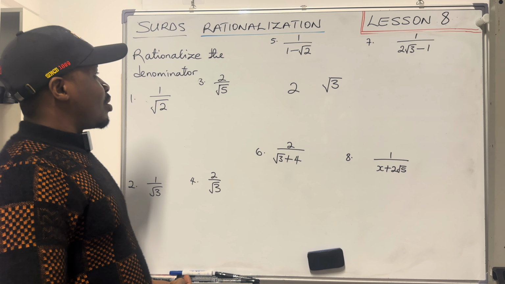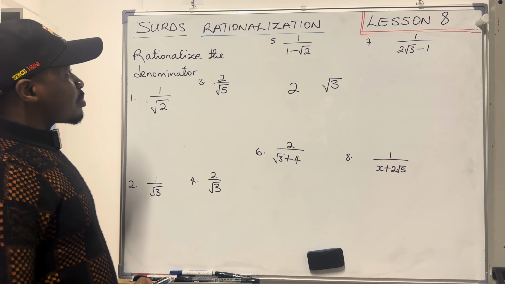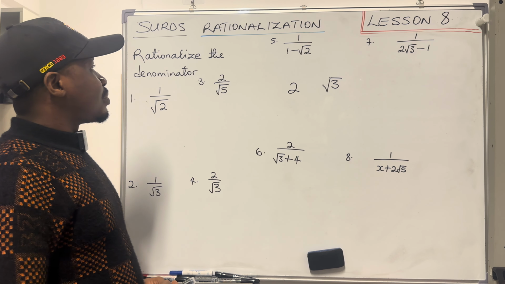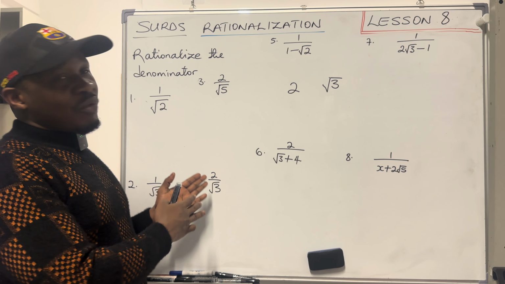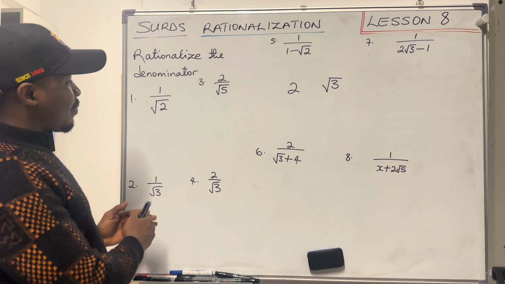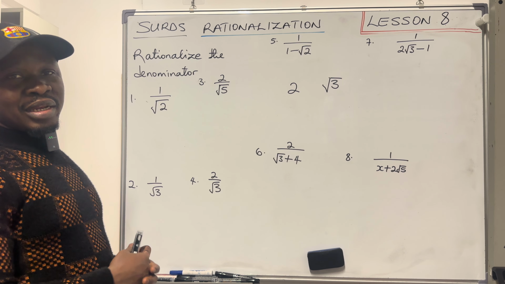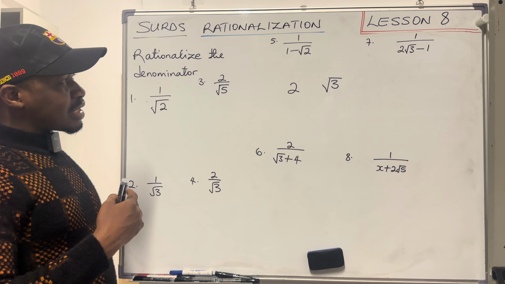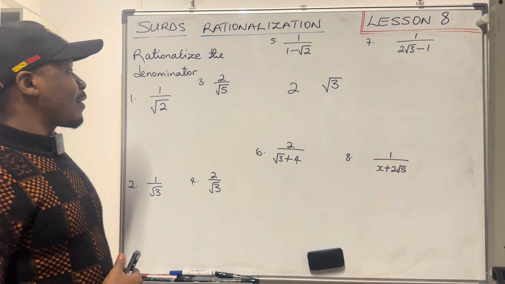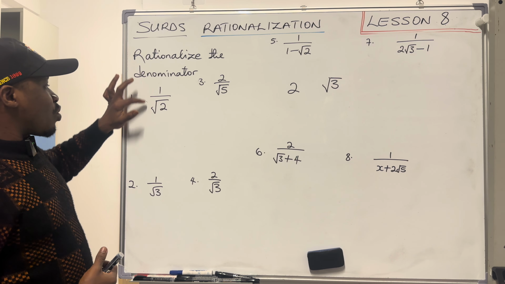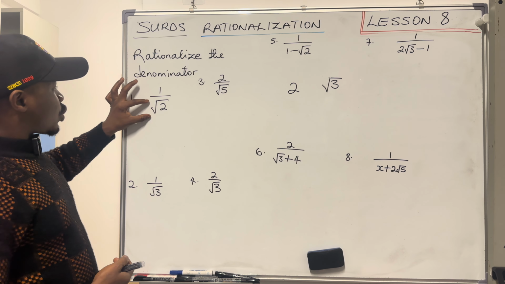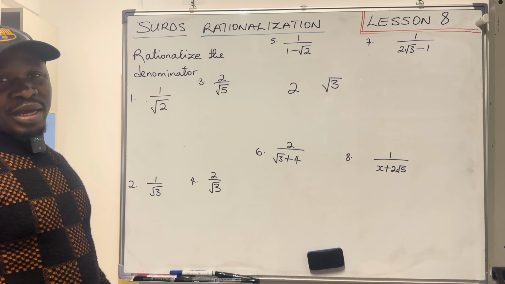Mostly, rationalizing is useful when we have a fraction wherein either the numerator or the denominator is the part that is irrational. Like we have here 1 over root 2. 1 is a rational number. Root 2 is an irrational number.